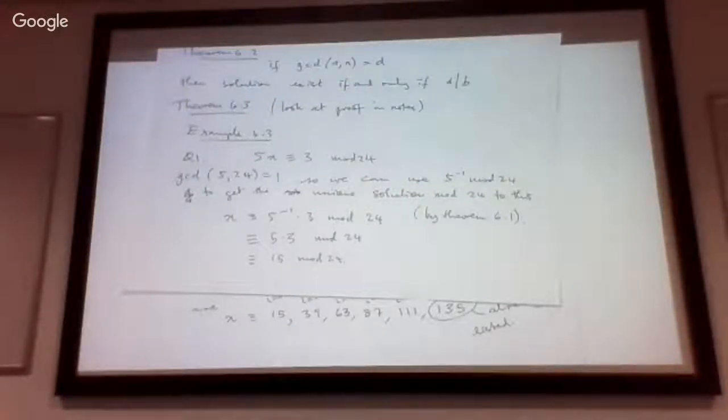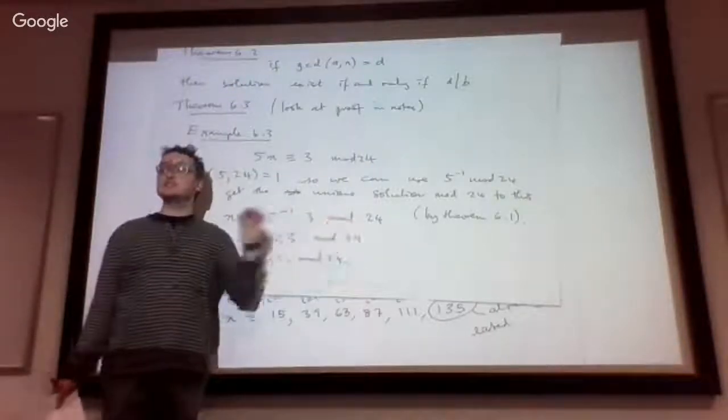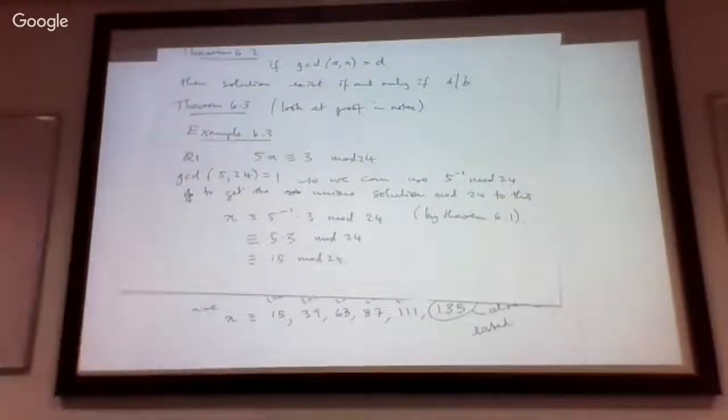Here it's the inverse under multiplication modulo 24, which has strong connections to regular multiplication, but is strictly speaking a different operation operating on the congruence classes modulo 24. There are connections and similarities between the inverse of an element and the reciprocal, 1 over 5, which you just named.